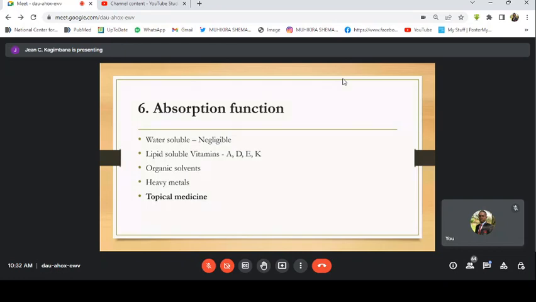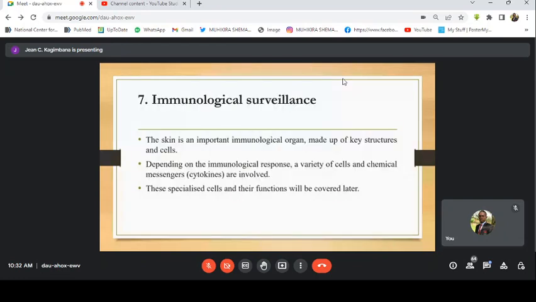The last one is immunological surveillance. We have seen Merkel cells, Langerhans cells, mast cells in the structure of the epidermis. These cells play a big role in immunological complexity of disease, recognition of allergens.